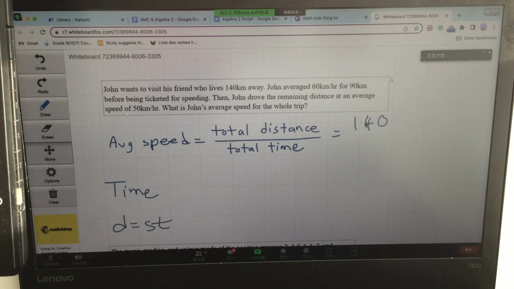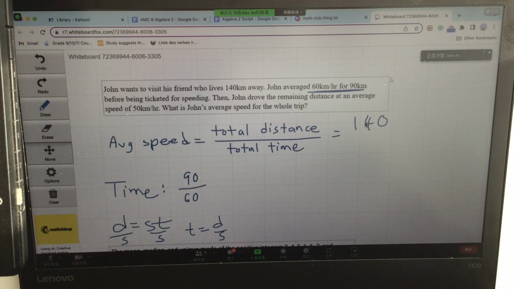That's basically it. Here we're solving for time, so we divide both sides by speed, and we get time equals distance over speed. For the first part, he averaged 60 kilometers per hour for 90 kilometers. So the distance is 90 and the speed is 60.